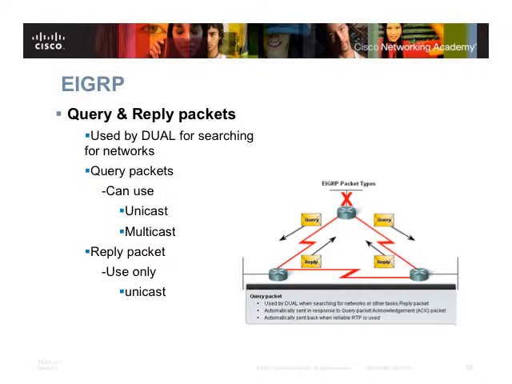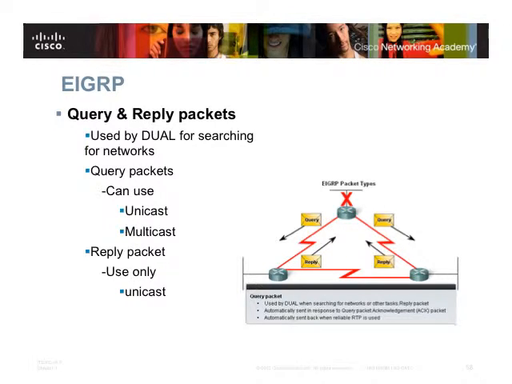Each one is actually a reliable message, which means that for query I have to wait for acknowledgement, and for reply I have to wait for acknowledgement. So this query and reply are in fact 4 messages.